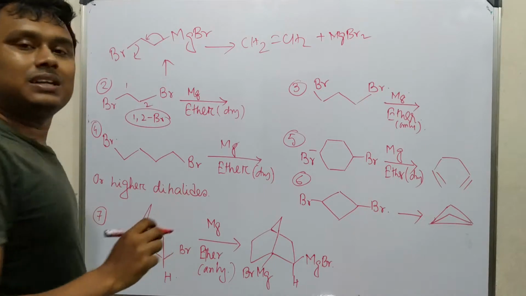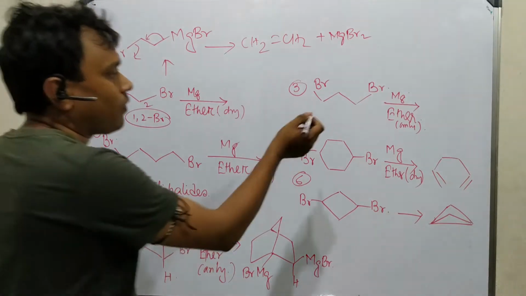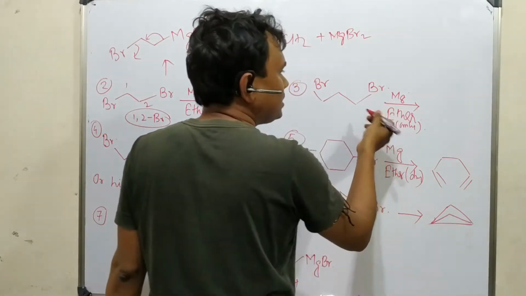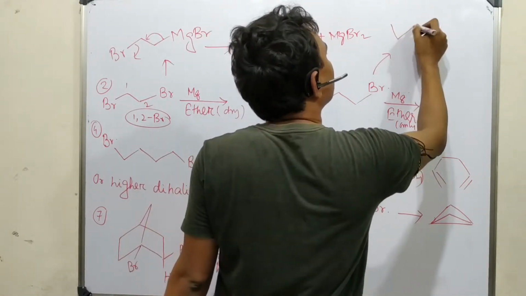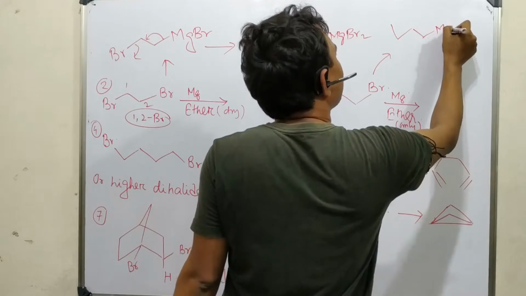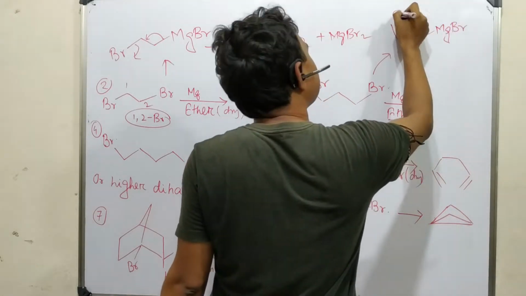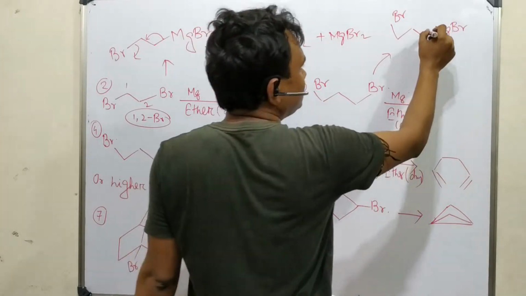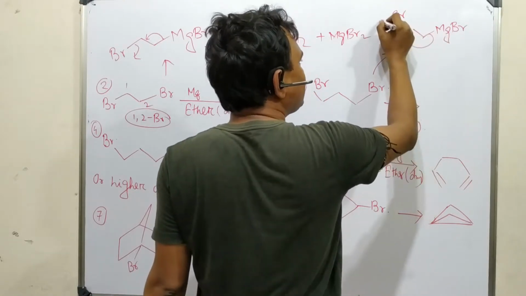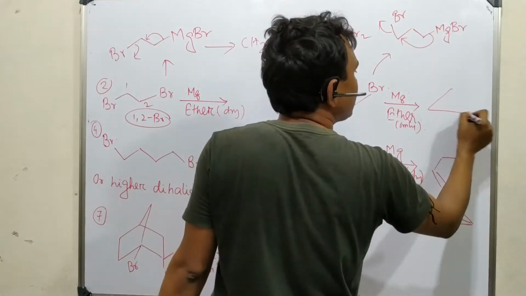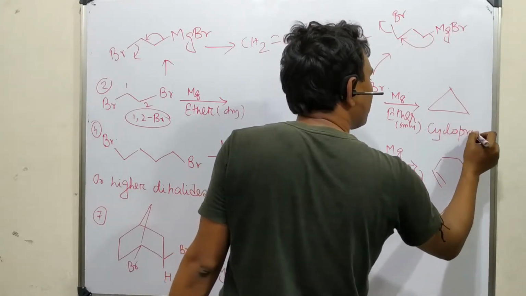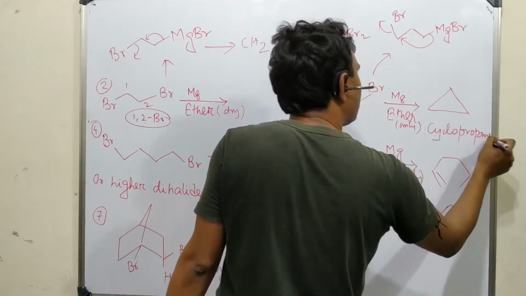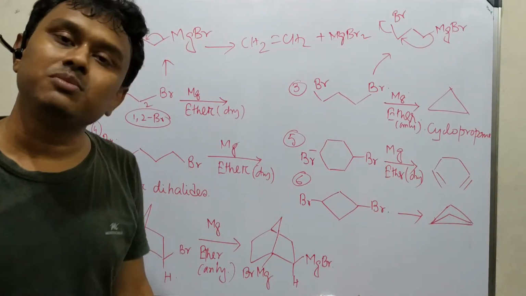A similar thing is applicable for this magnesium also. In the first stage it will prepare the one-sided Grignard, MgBr, and this is Br. So this attacks here and the bromide leaves to produce this cyclopropane derivative. Now the question is, how is this 3-member ring forming?